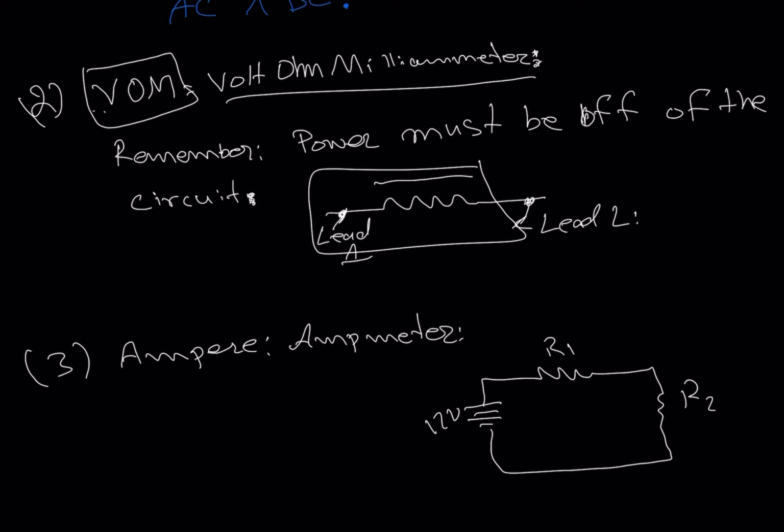If we have to measure the amperage here, we have to open this circuit and connect one lead of the ammeter here, and the other lead will be connected here. So the meter should be in between, so that whatever amperage is going through the circuit, you will see it right here.